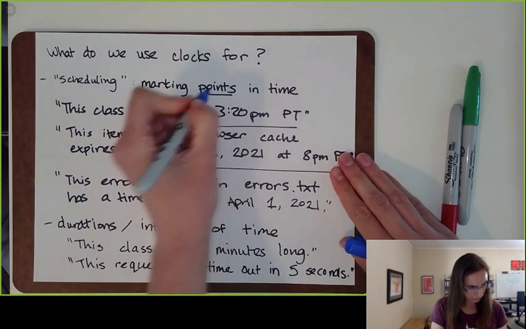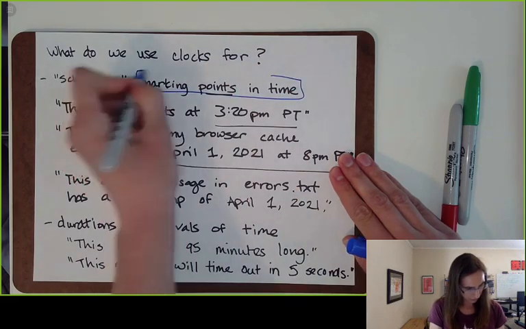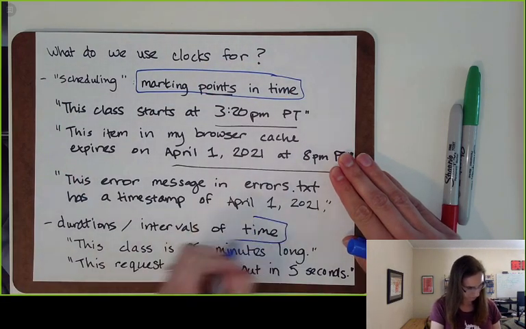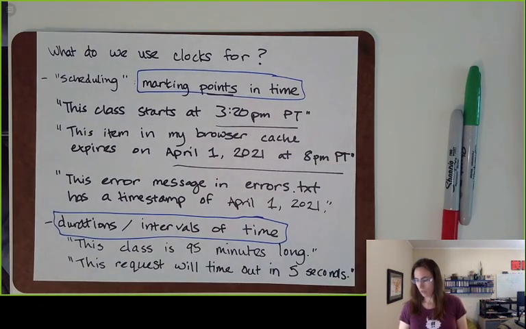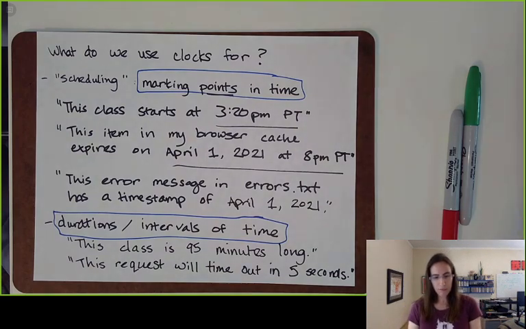So a couple of notions of what we use clocks for: marking points in time, and then tracking durations or intervals of time. So these are kind of fundamentally different things, and we can use different kinds of clocks to do both of these things. So computers have a couple of different kinds of clocks.